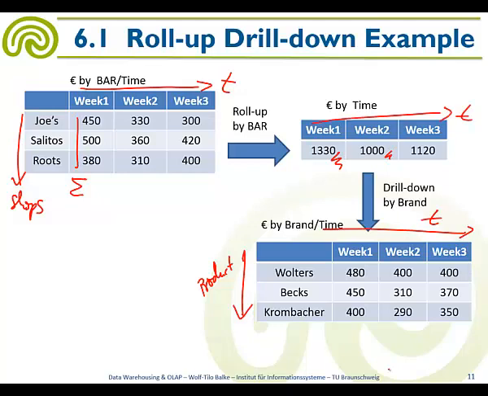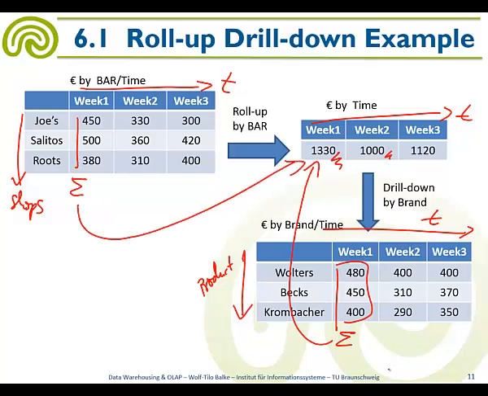I add the product dimension, so this is again a dimensional drill down, and now I can see the individual numbers per product. Unnecessary to say, the sum of these numbers is exactly that, right? So this sum is that, and this sum is that. It's no different how I turn the data. The aggregations in the end will always be the same, right?